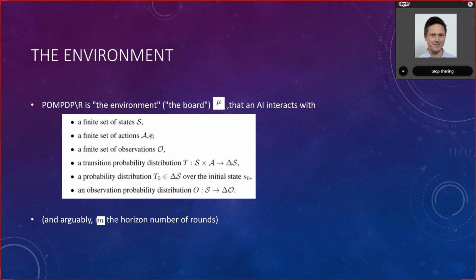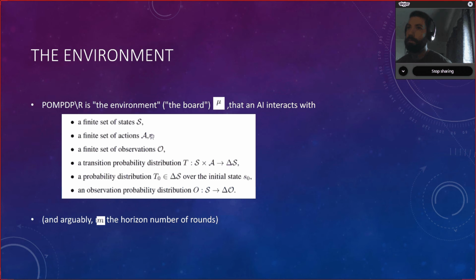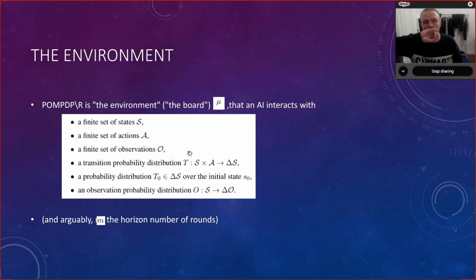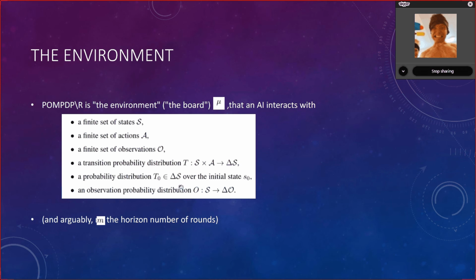And there's a number of states that the board can be in. Like you have a set of cards, and there's some actions you can take and some observations you'll get. And when you do an action and the board is in a particular state, it will change states in some way. And there'll be an initial state that you might not know, and you will get some observation based on the state of the board.